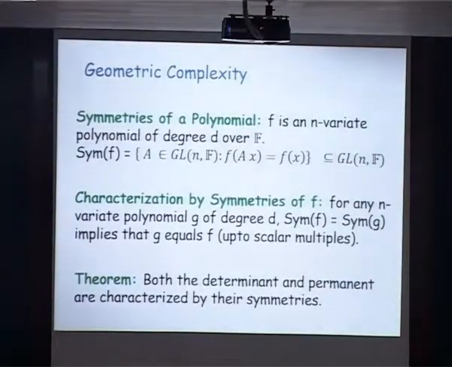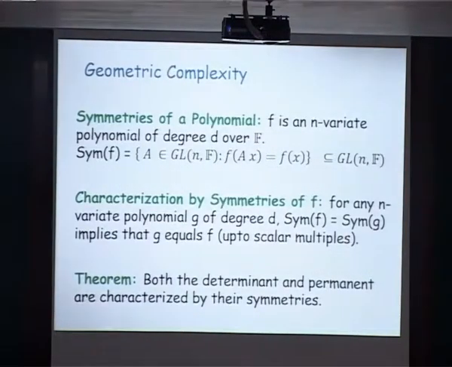Okay. So now, let's say a polynomial f has this property called characterization by symmetries if the following holds true: essentially the group of symmetries of the polynomial completely determines the polynomial.